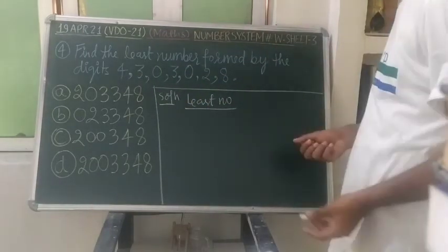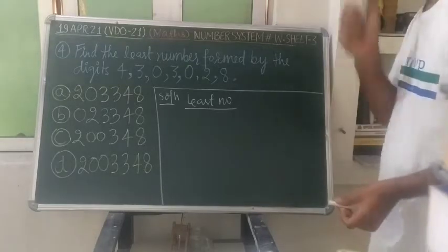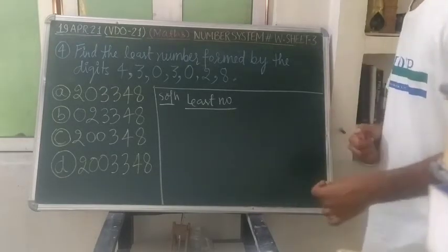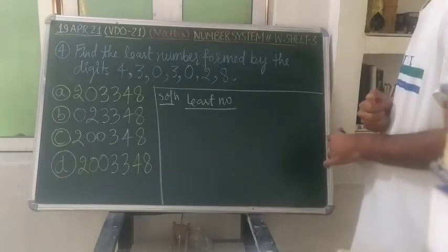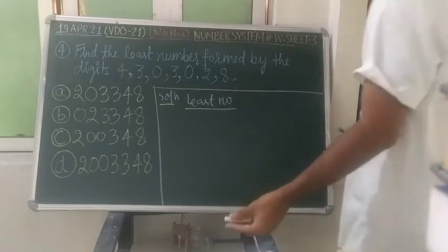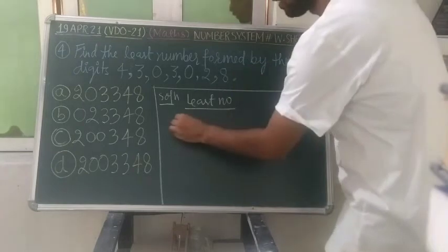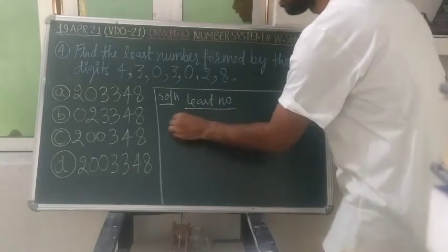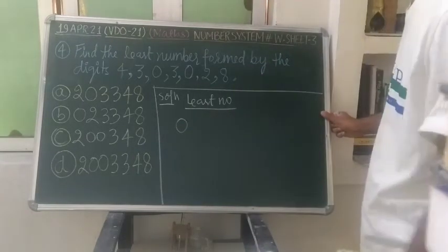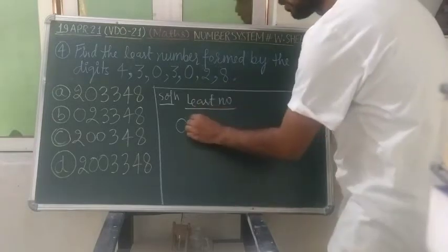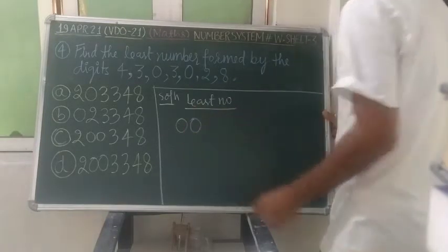So for the least number we can think that we will start from the 0 digit. So here 0 is present in that problem, so we can think to form the number in this way. 0, 2 zeros are present, so we will write these 2 zeros.